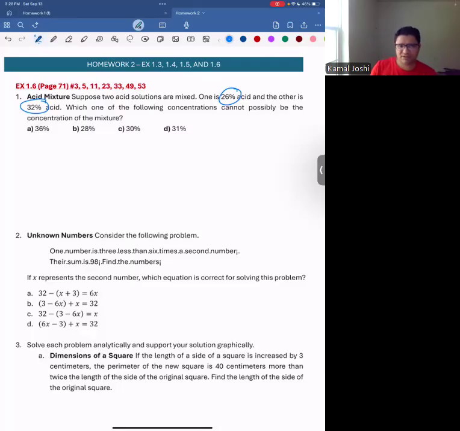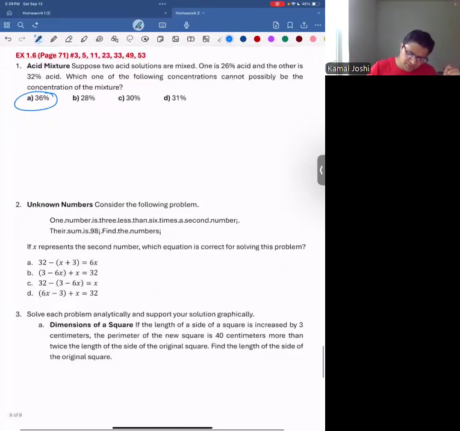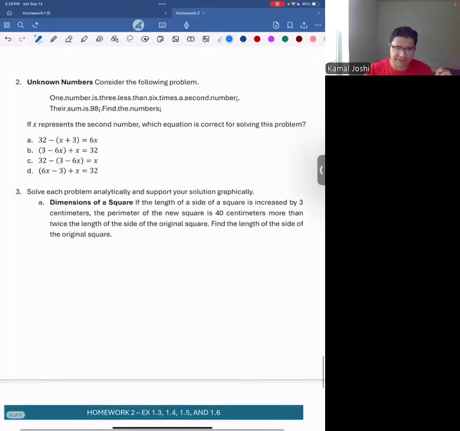It cannot go below 26, it cannot go above 32. So this is possible, that is possible, that is possible. This is the answer. By the way, I didn't mean to put a tick mark and say those are the answers. I meant those are possible. So the answer is this. All right, nothing much to discuss there.